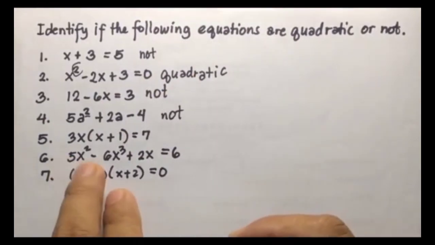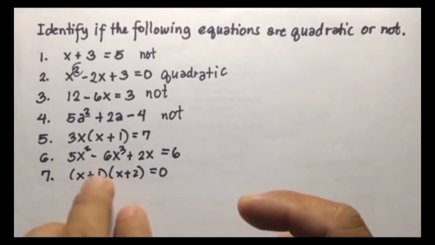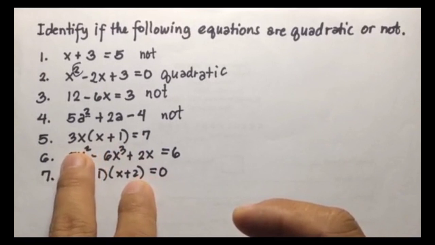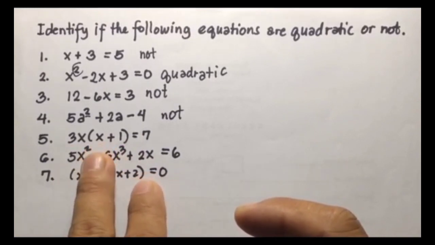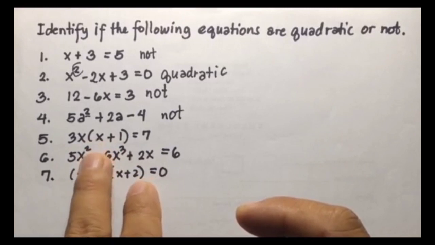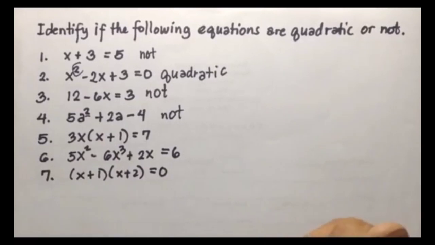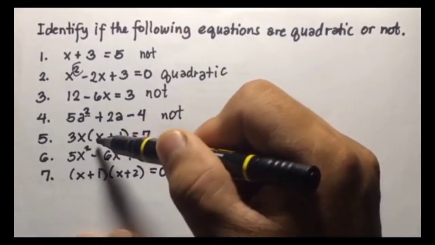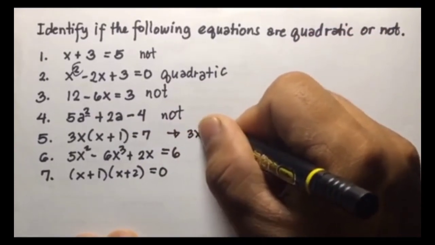Number 5, 3x times the quantity x plus 1 equals 7. If we look at the equation here, this is not in its simplest form. So we're going to simplify this first, and after simplifying, we can identify if this equation is quadratic or not. 3x times x will be 3x squared.